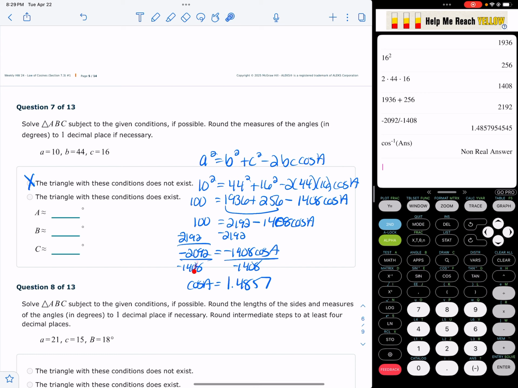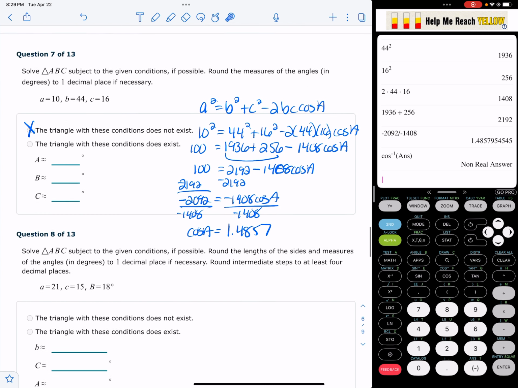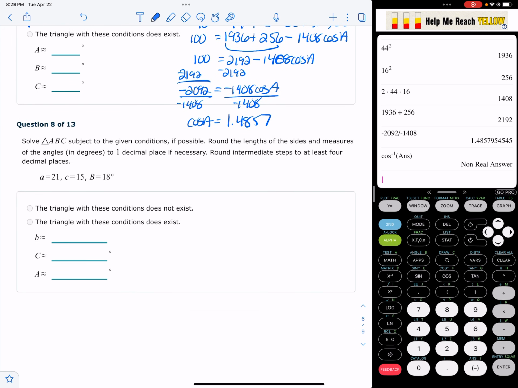So when you're doing your division here, you'll get either a positive number bigger than 1 or a negative number smaller than -1. And when you try to do the inverse cosine, it's not going to exist. Okay, at 8, triangle exists, 8.2, 34.5, and 127.5.